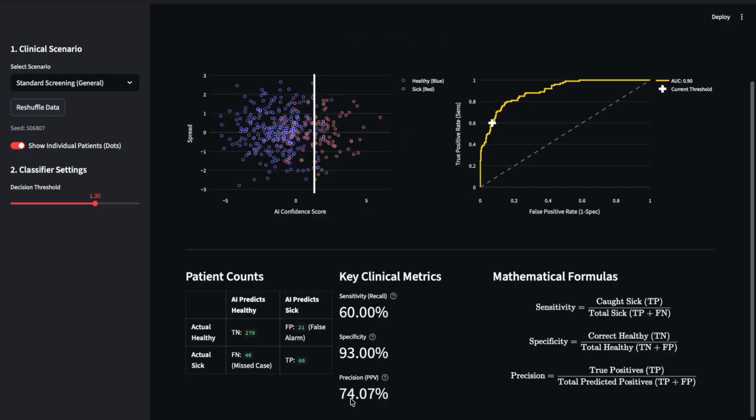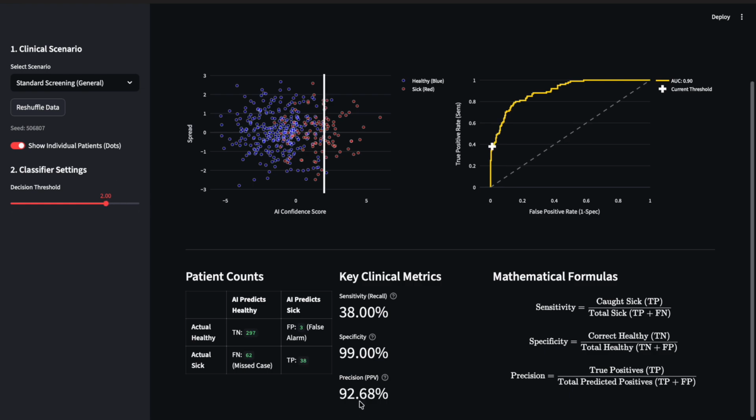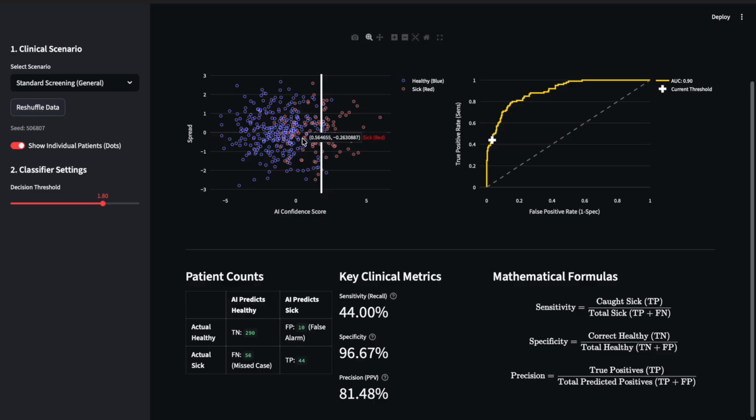Now it mistakes only 1 in 4. And if we switch it a little bit further, now it mistakes 1 in 10. And for example, here it will be like 1 in 5, but we missed more than half of all cases. So it's always a trade-off.